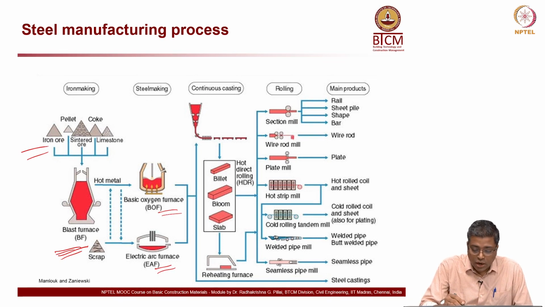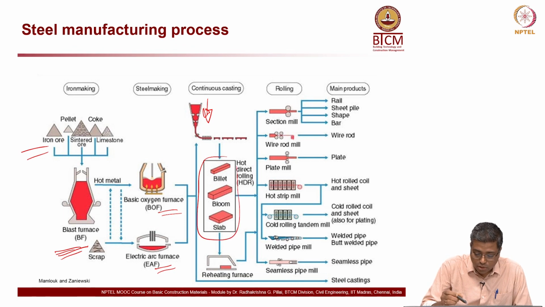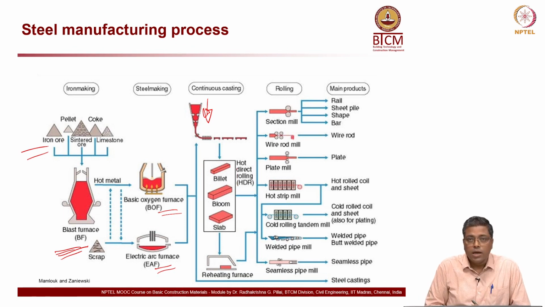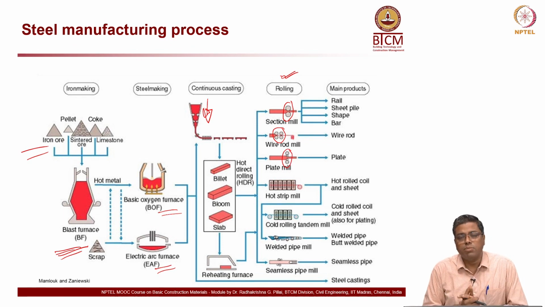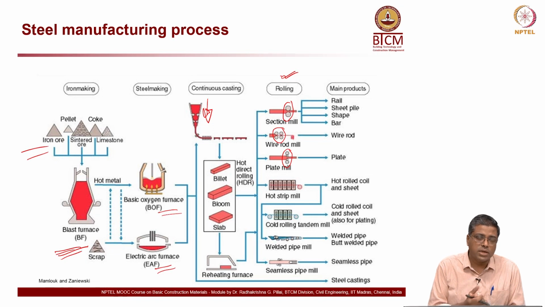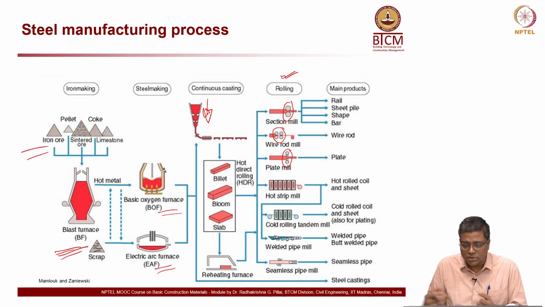Then the molten material is put through a mechanical shape or dies, and it gets into these shapes, either a billet or a bloom or a slab. Okay. And then after that it is passed through some dies, where we call it rolling. So, you can see these rotating wheels here. Okay. There are different manufacturing processes. There are some cases where the wheels are rotating, and then there are some cases where it is extruded.